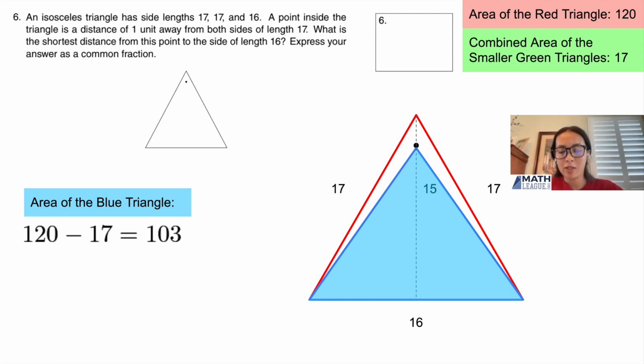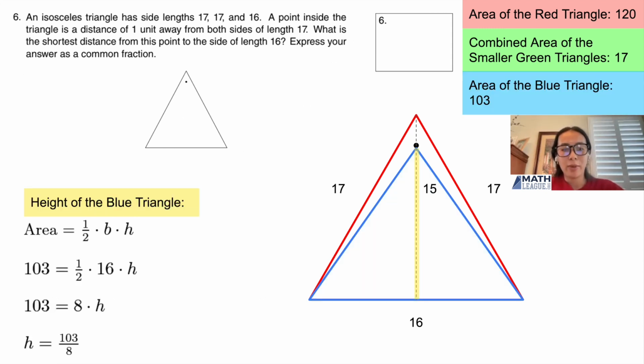From here, we're able to solve the entire problem because we know that the area of a triangle is 1/2 base times height. If we look at this blue triangle, the value we are trying to solve for is the height of the blue triangle, which is the distance from the point to the base, or the side length of 16. We know the area of the blue triangle, we know the base of the blue triangle, so there's only one variable left.